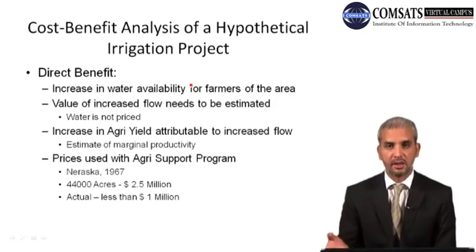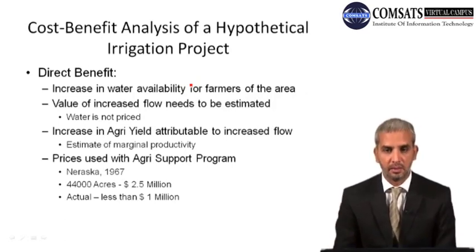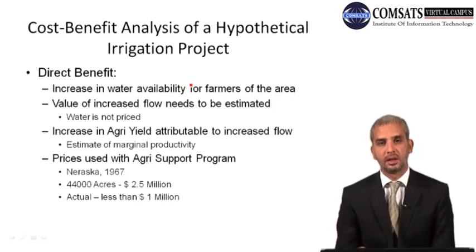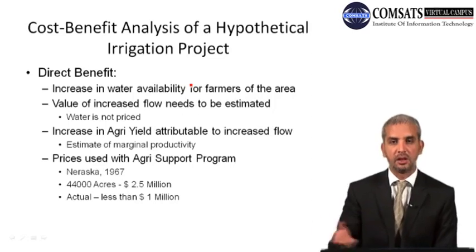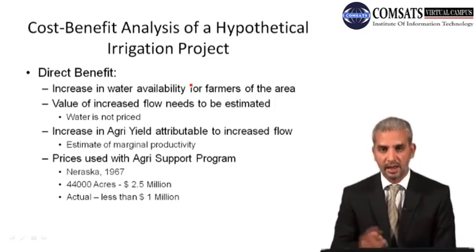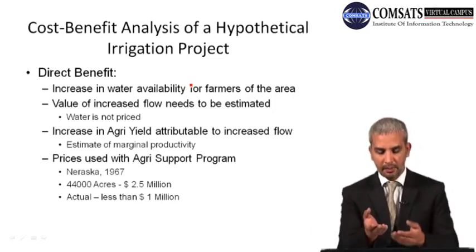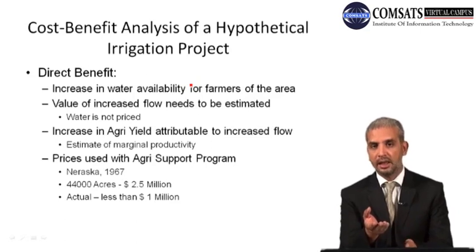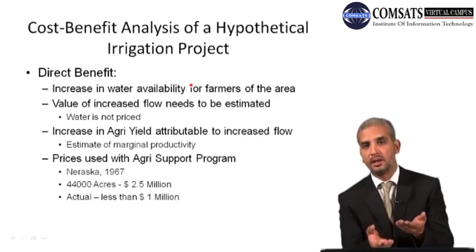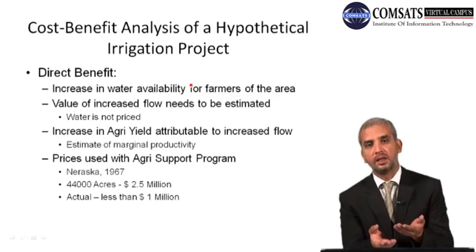So whenever a government establishes a price floor, for example, 100 rupees or $100 per kg of wheat, then if the price in the market falls below that level, the government would buy it from the farmers at $100, and if the price goes above, up to maybe 150, then they are allowed to sell in the market.